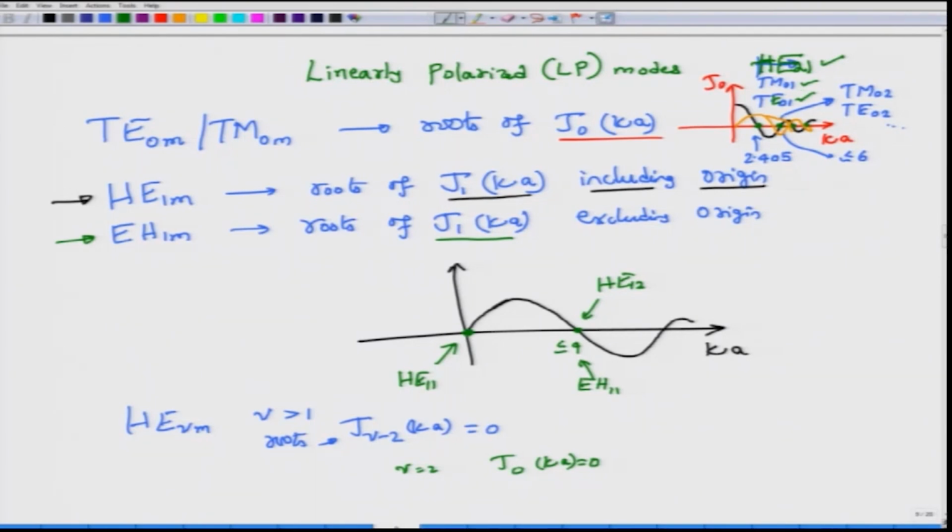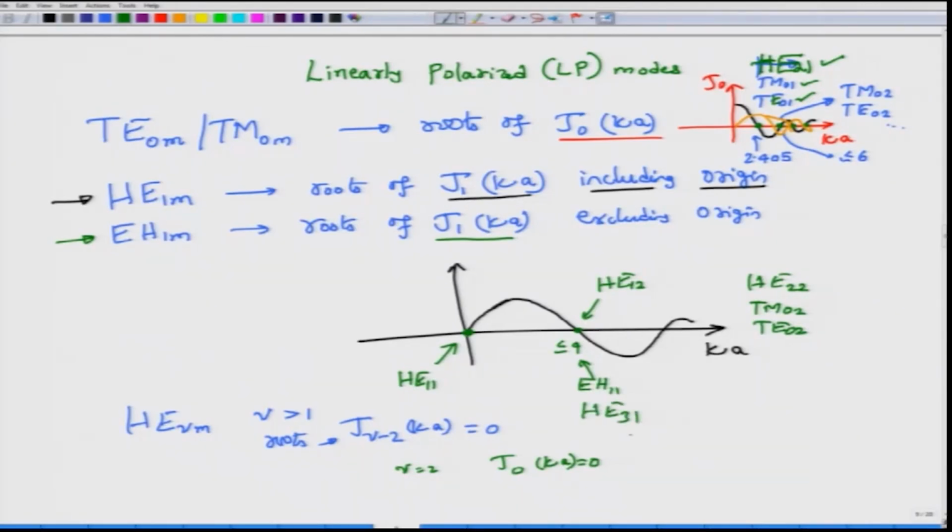Okay. Then the next root will be at around 4, at which point you will have 2 modes which are HE12 and EH11. Okay. Then you will have modes which are, say, HE22, then TM02, TE02, and at this same HE12 mode you will have EH11 mode, and you will also have HE31 modes.